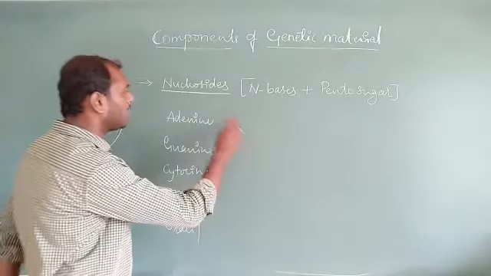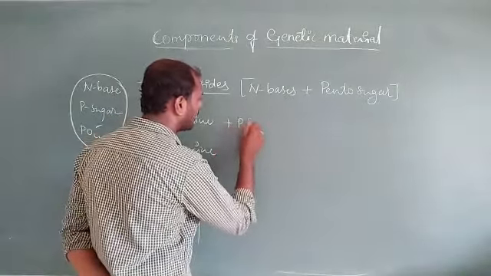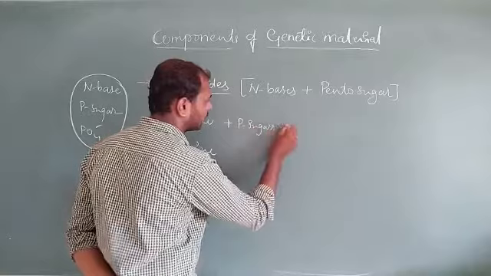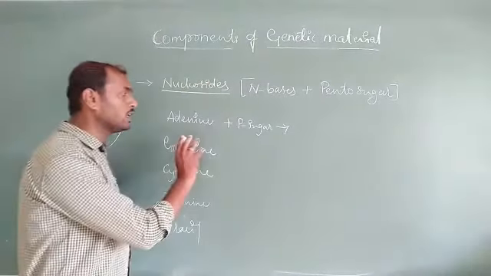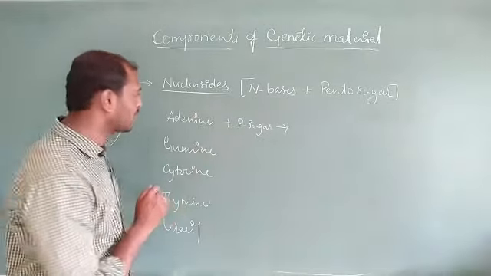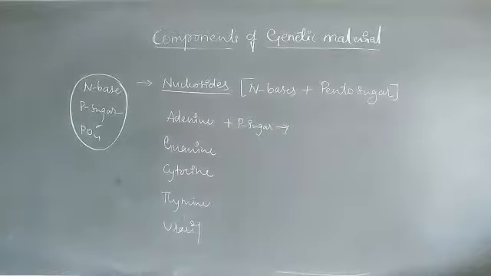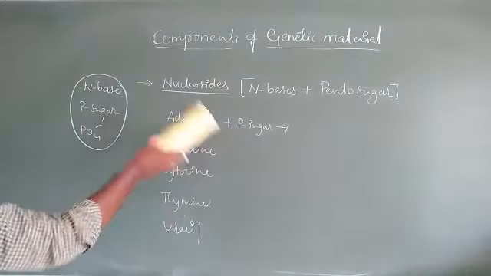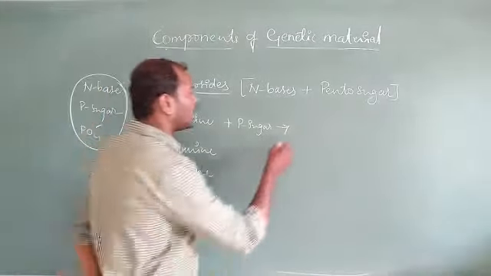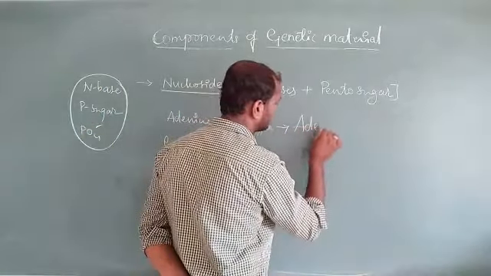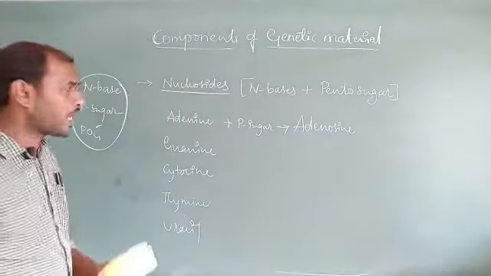When these nitrogen bases react with the pentose sugar, the name changes. What is that? Adenine plus pentose sugar is going to react and form adenosine.